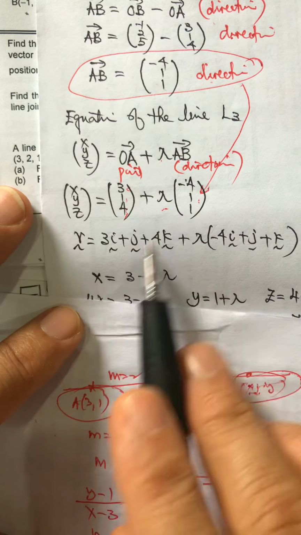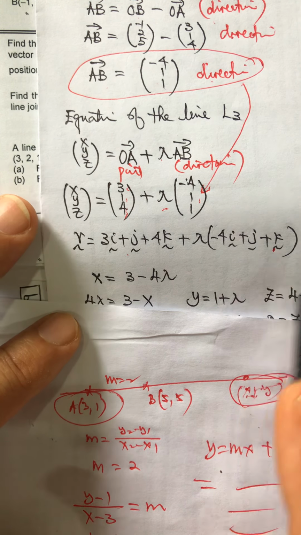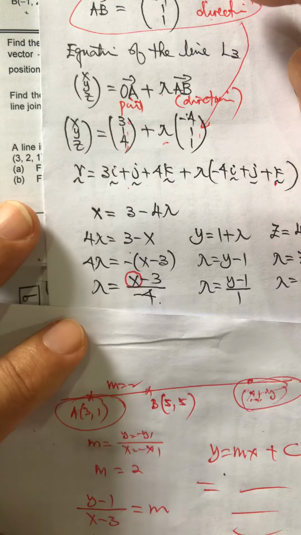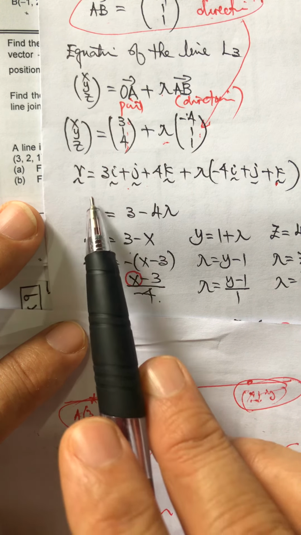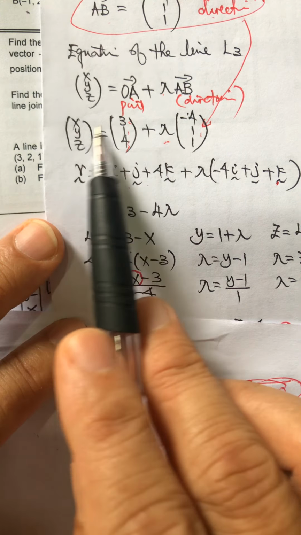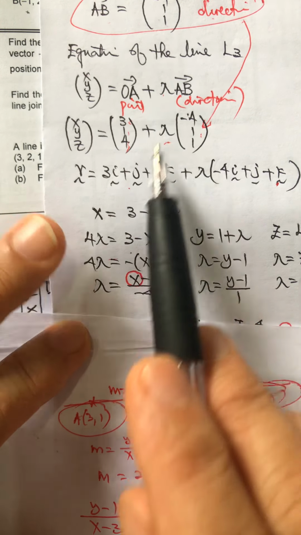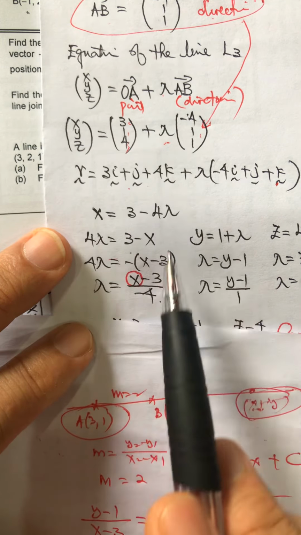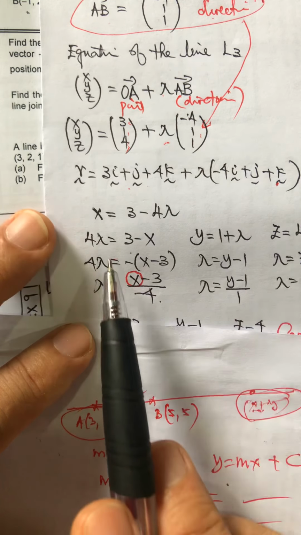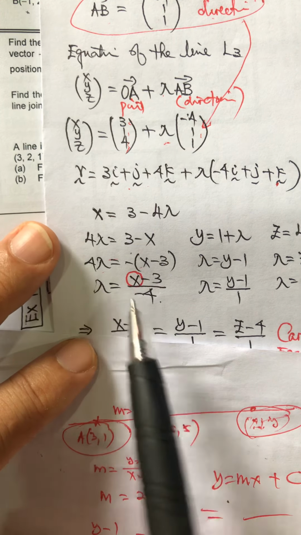After that, I will get this answer. And then I want to get the Cartesian equation. So I just put x equal to 3 minus 4 lambda, then y equal to 1 plus lambda, z equal to 4 plus lambda. So from here I get the lambda.